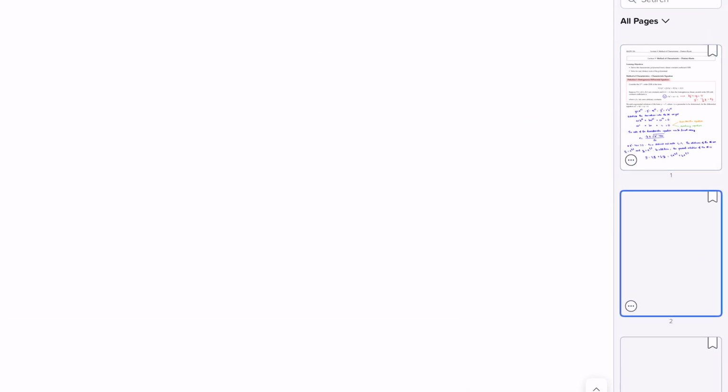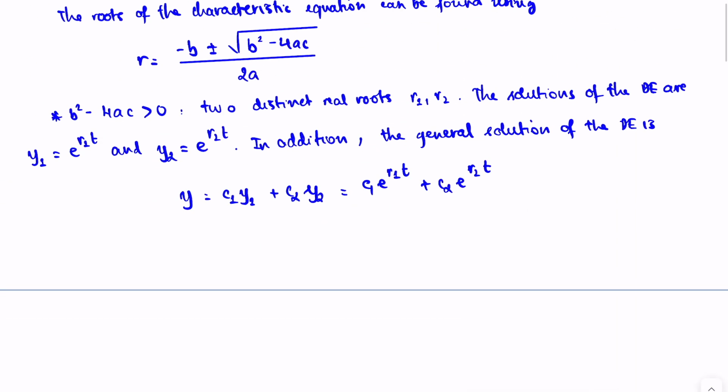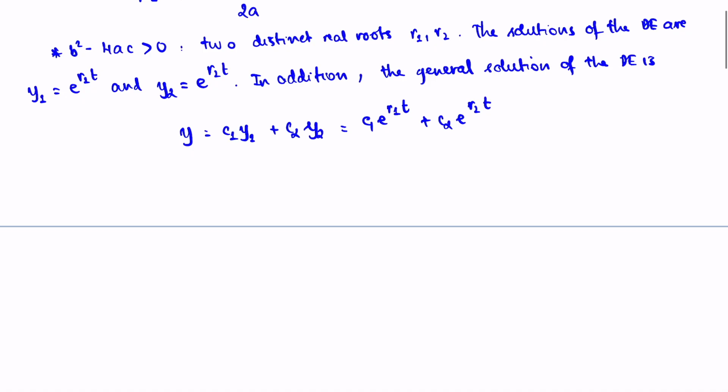Now for the second case, where b squared minus 4ac is equal to 0, then you have a repeated root. So in this case, r is equal to r1 equal to r2.